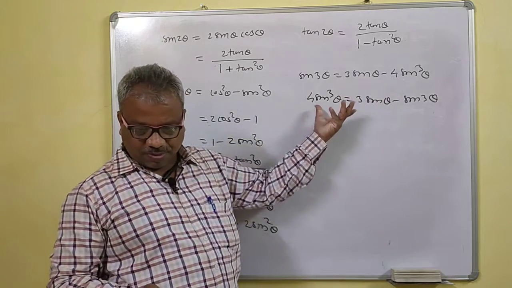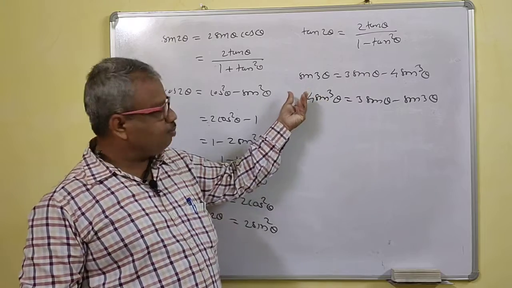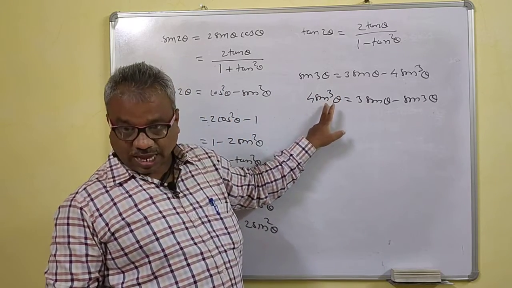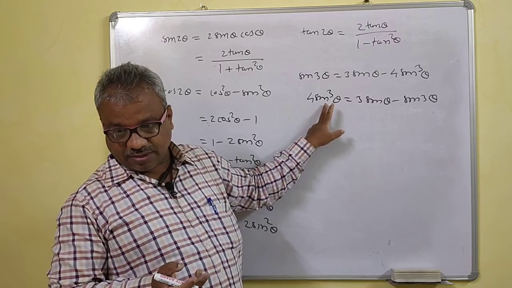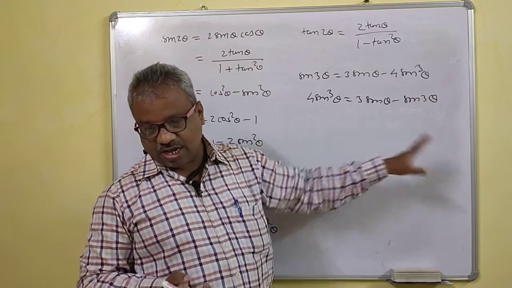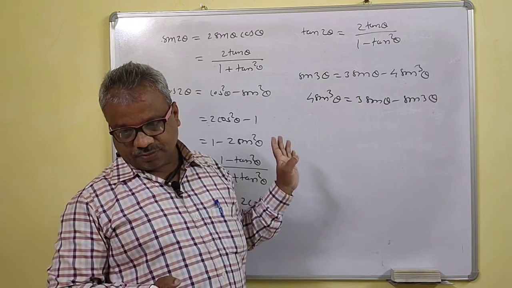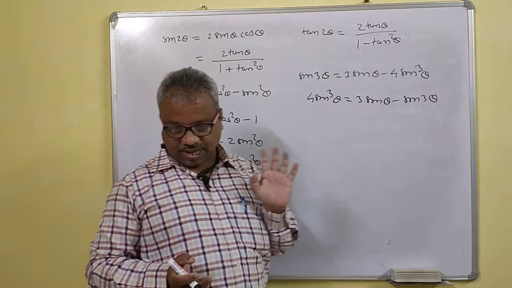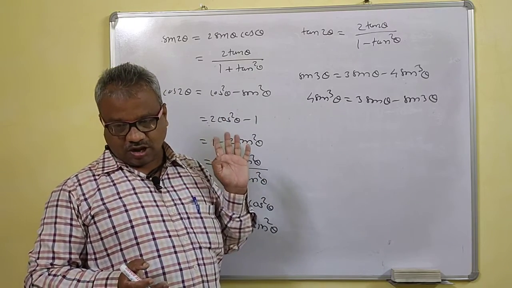Here this is sin cube, third degree, and there it is first degree. My third degree is directly converted into linear degree. So this formula is very helpful to reduce the degree of the sine.